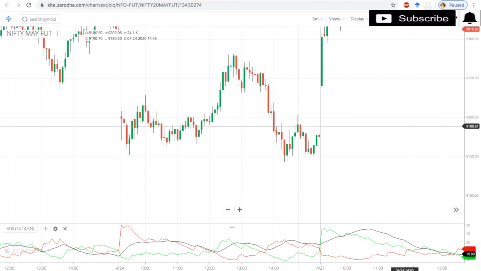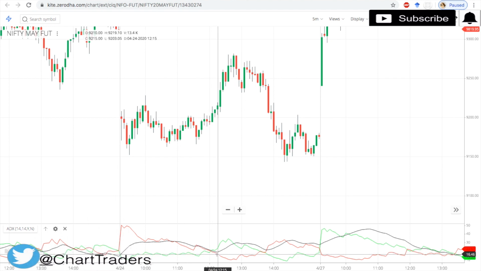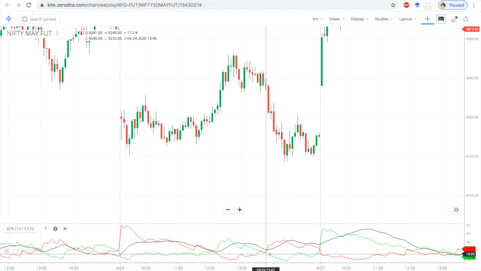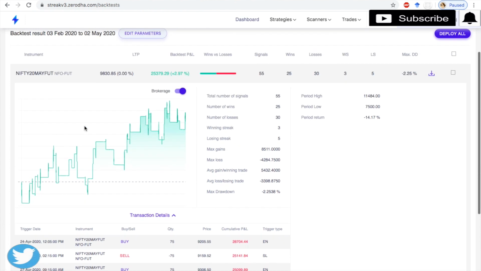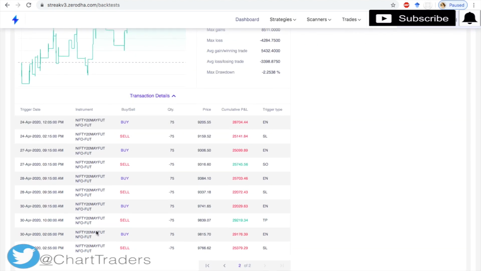Around 14:14, when this plus line, the green line, crosses your red line, a buy signal is generated. Target is 1 percent, stop loss is 0.5. You can even keep an exit condition, that is plus DI crossing below the red line. Here we have just written target and stop loss, we have not written an exit condition, but you can write it. This is an opening trade. You can avoid the opening time if you wish.